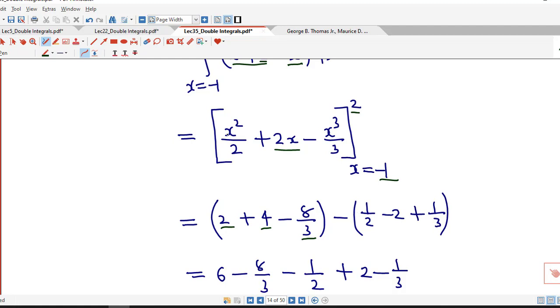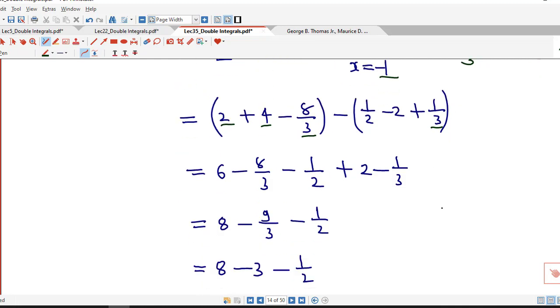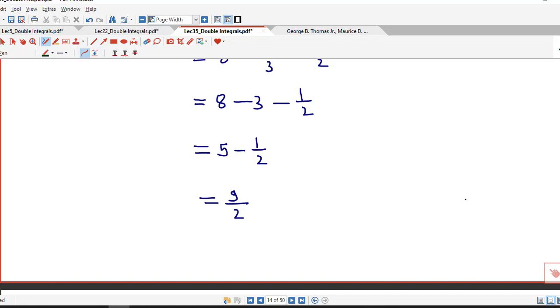For x equal to -1 we have 1 by 2, plus 2 times -1 which is -2, minus (-1) cubed divided by 3, which is -1 by 3. So minus of minus 1 by 3 is plus 1 by 3. After simplifying, we obtain that the required area is 9 by 2.